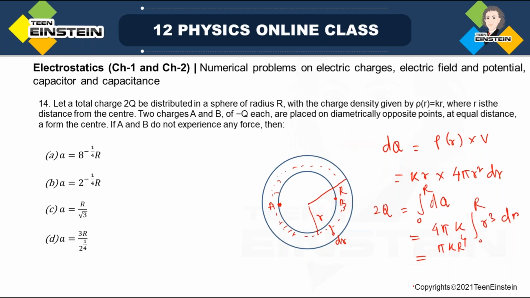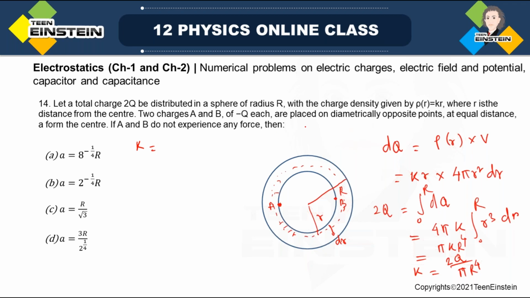If it is pi k R to the power 4, then what is this k? This k is the constant which was along with the density part. So this was missing actually. Equating to 2q, k is 2q by pi R to the power 4. This is not 1 by 4 pi epsilon naught.